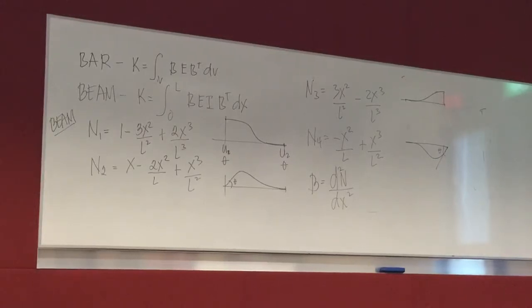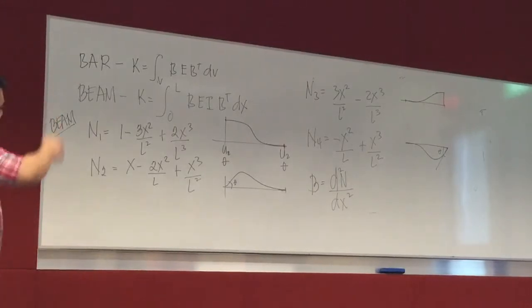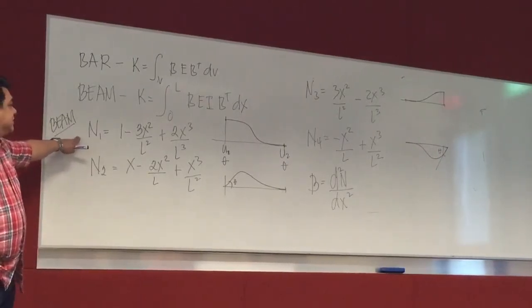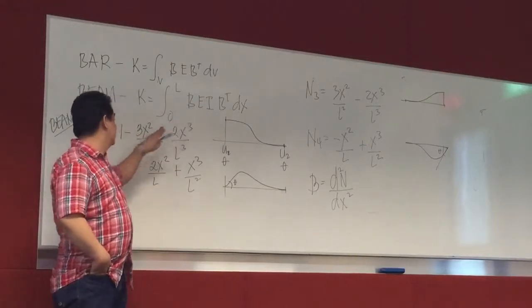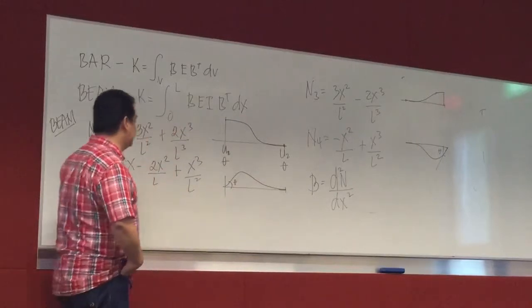Start by determining your B's: B1, B2, B3, B4. Start determining your strain displacement matrix. B is equal to the second derivative of N with respect to x.